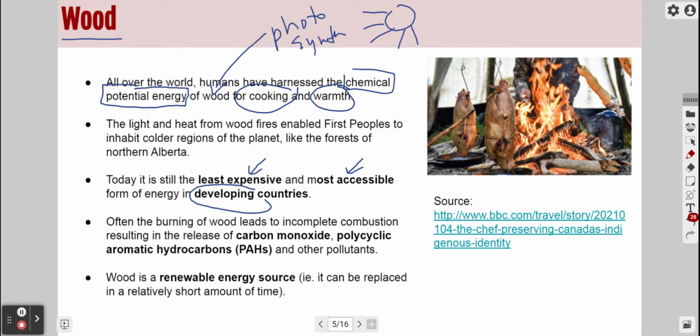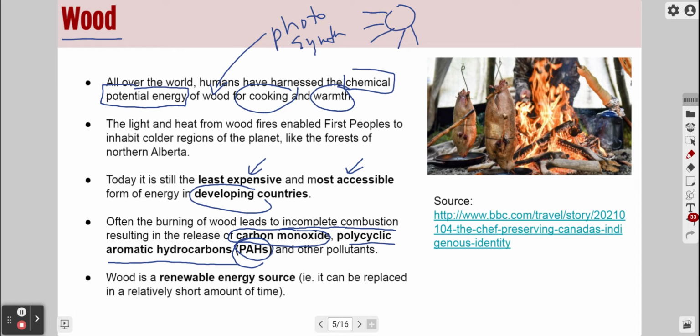Unfortunately, wood typically leads to incomplete combustion. So you're going to get the release of carbon monoxide, which you remember is quite poisonous. We have to be very careful about that. And polycyclic aromatic hydrocarbons, remember those from your Unit B chemistry, and some other pollutants. These PAHs are what cause the low-lying smog.